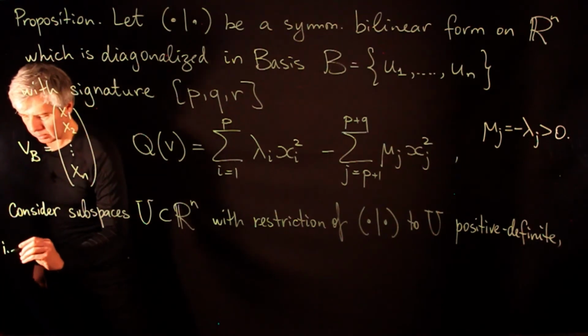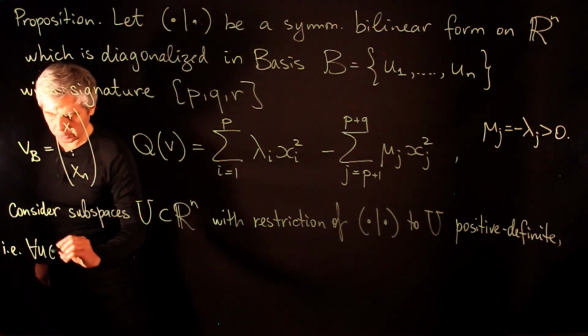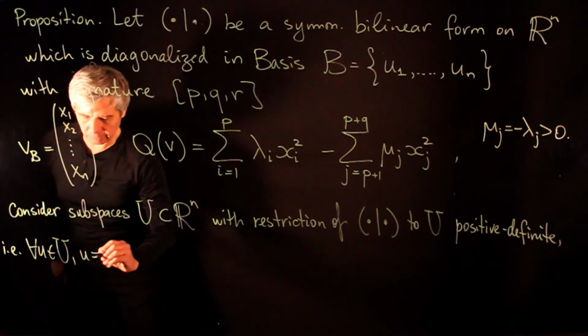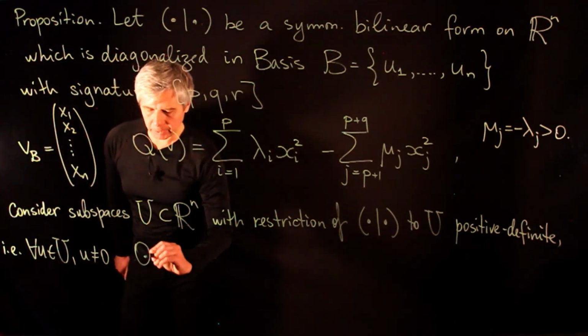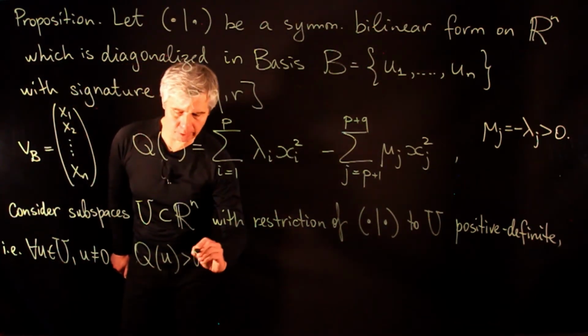So this means that for every u in U which is different from 0, the value of the quadratic form on U is positive.